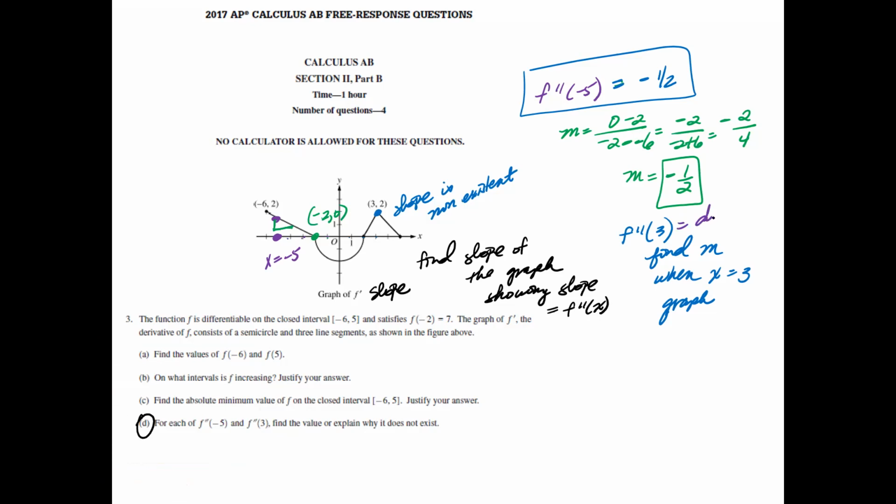So this is does not exist, or DNE. Why? Well, because f prime has a sharp turn at x equals 3 and cannot have a slope, or you can say a slope cannot be found.